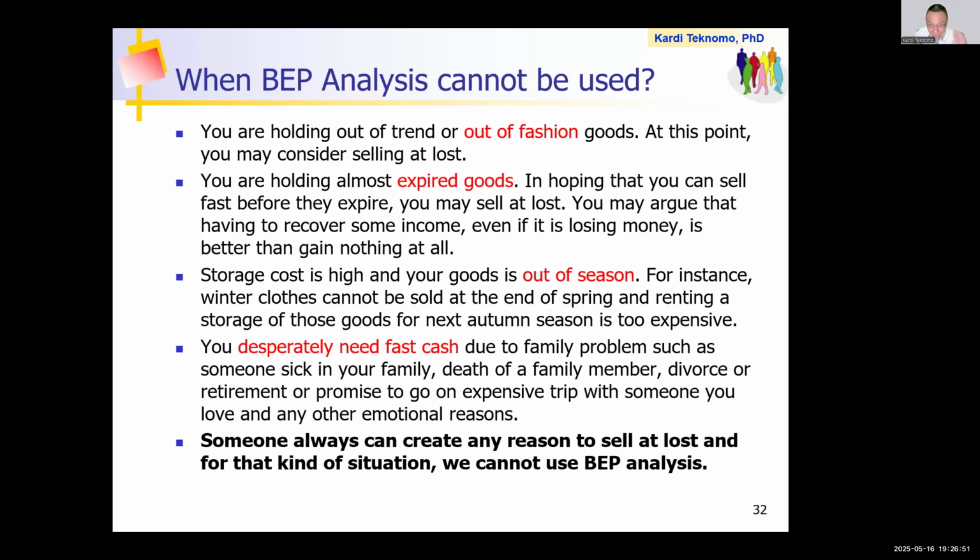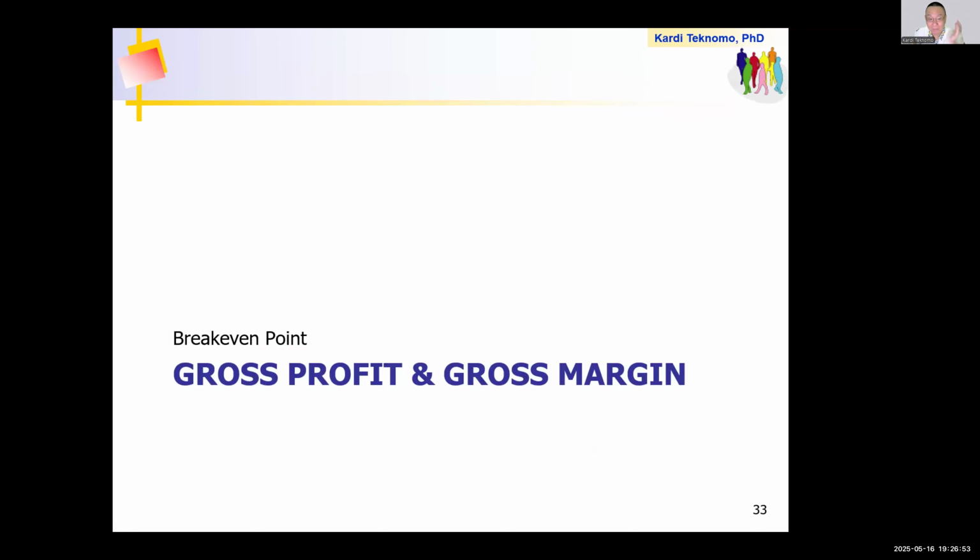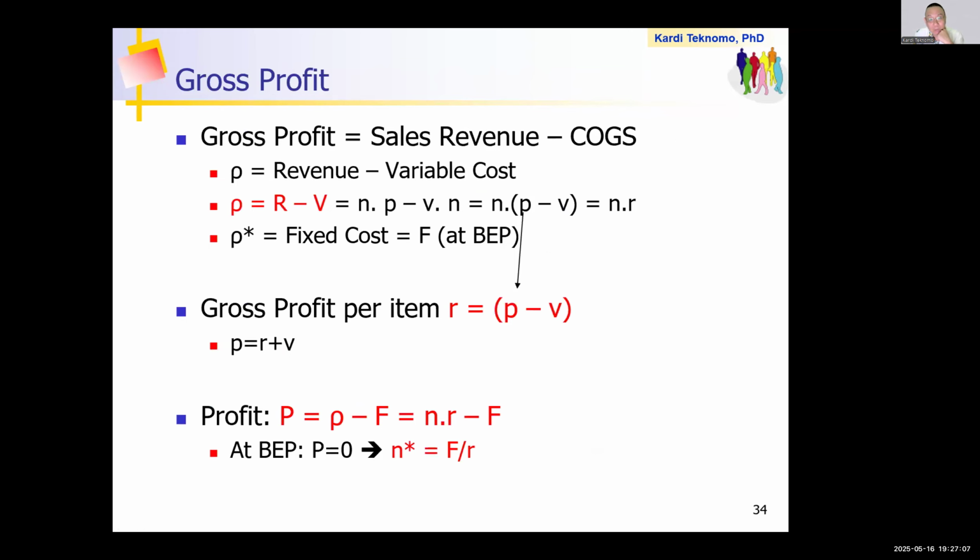So the next lesson is about gross profit and gross margin. I introduced two new terms, gross profit and gross margin. So what is gross profit? Gross profit is basically sales revenue minus the variable cost.